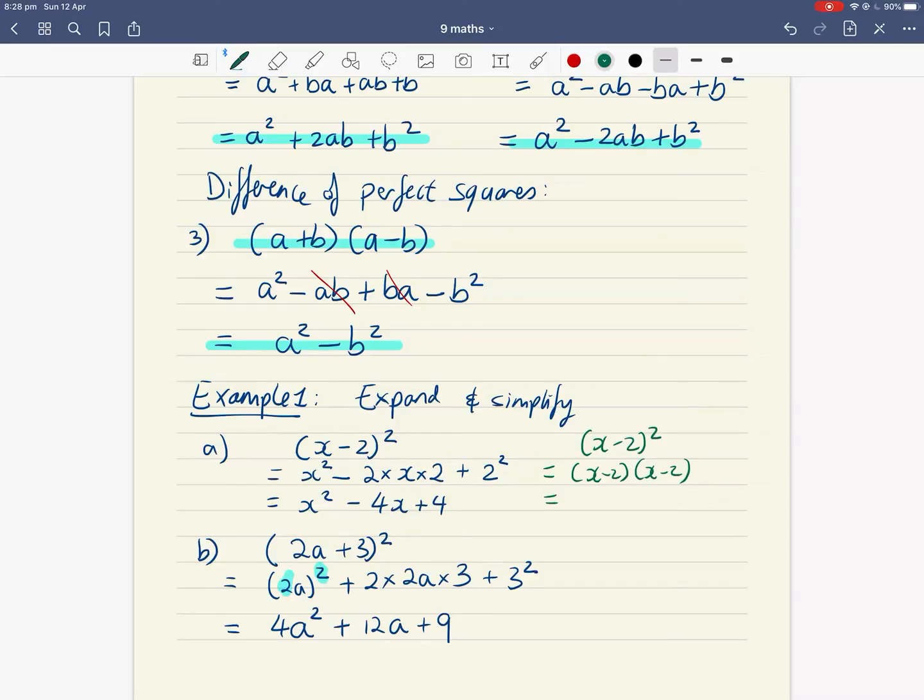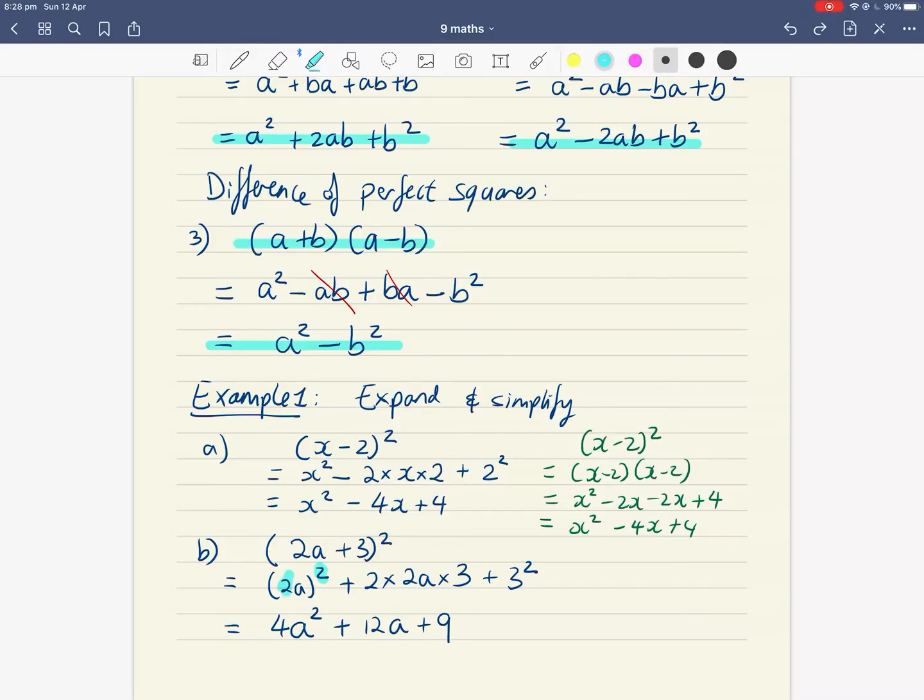And then you could just apply FOIL like you did last lesson to get first, outer, inner, and last. So minus 2 times minus 2 gives you a plus 4. And then you simplify that, so you get x squared minus 4x plus 4. And hey presto, you get the exact same answer as you would by memorizing the patterns.